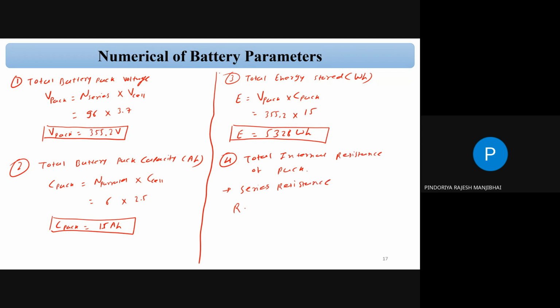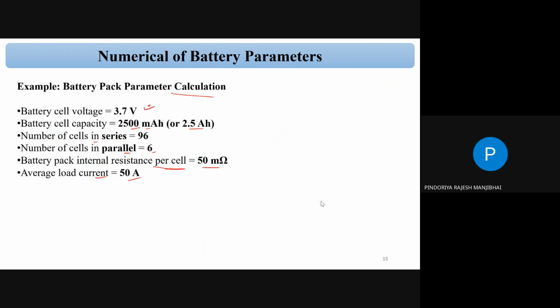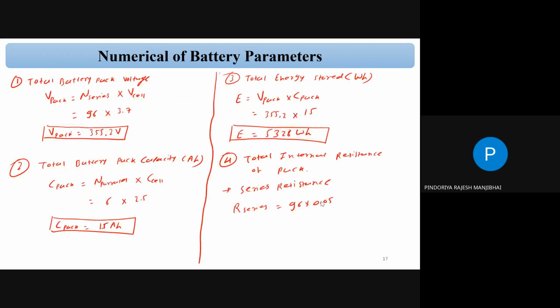R series is equal to 96 into 0.05. Why 0.05? Because the internal cell resistor is 50 milliohm, so we convert into ohm, which is 0.05 ohm, and cells connected in series are 96. So 96 into 0.05 gives us 4.8 ohm.